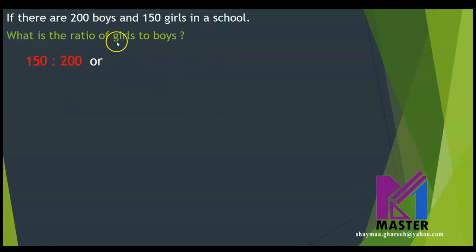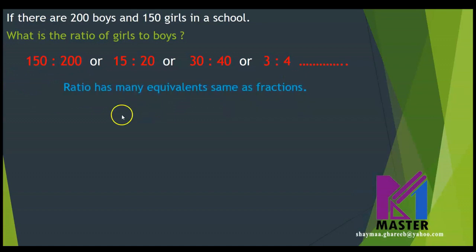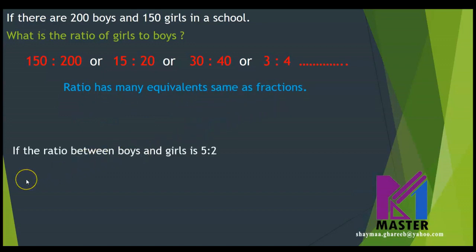So the ratio of girls to boys, I will start with the number of girls, which is 150 to 200. And I can simplify this ratio to be 15 to 20 or 30 to 40 or any equivalent for this ratio. As we said, ratio has many equivalents, same as fractions.